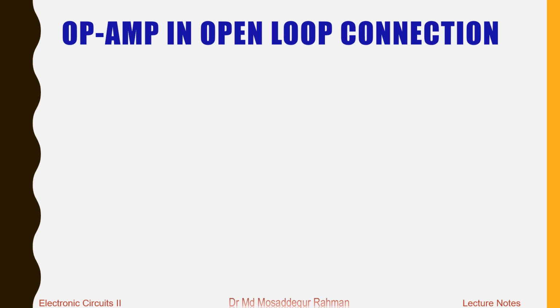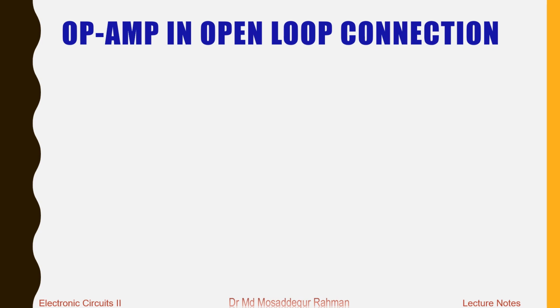Op-amp in open loop connection. We can use the op-amp in a circuit in two different ways. One we call the open loop connection, the other is the closed loop connection that we already mentioned in our first lecture. Now we'll see in detail.